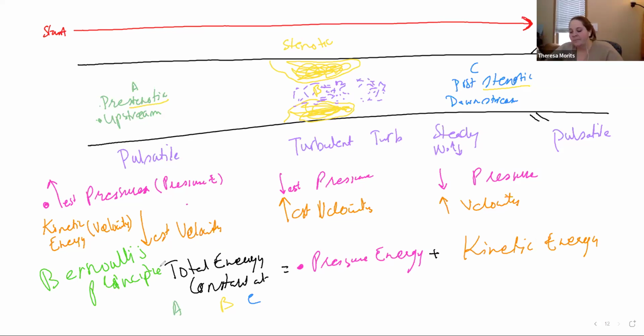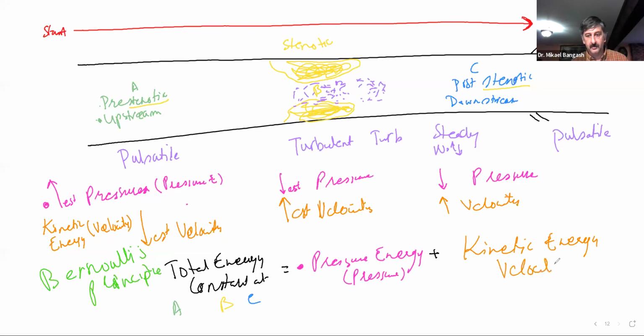So what this dude Bernoulli did, he mainly studied the relationship between pressure and kinetic energy. What we can say is that this pressure energy here is going to lead to pressure, but this kinetic energy here mainly is going to be released, translated into velocity or speed.